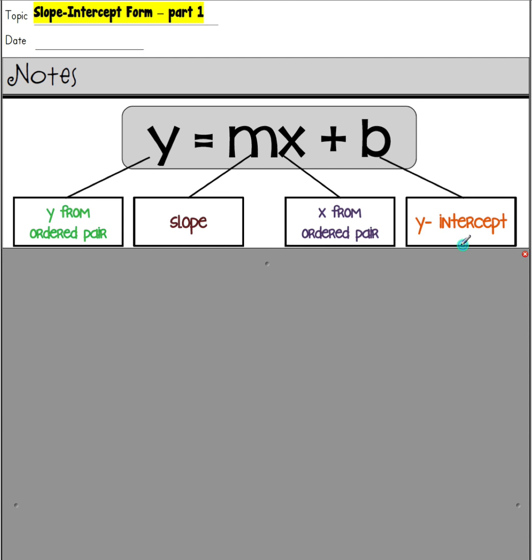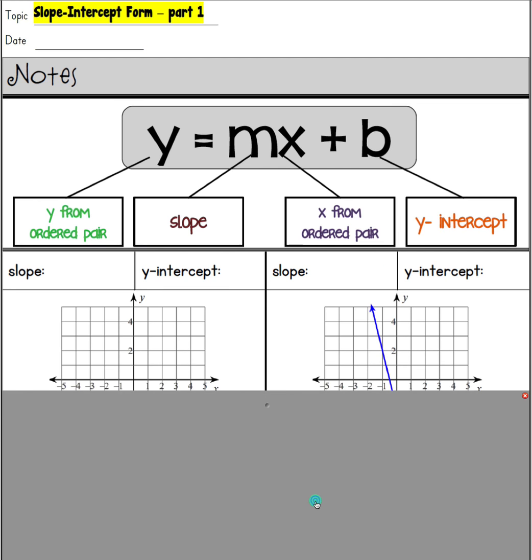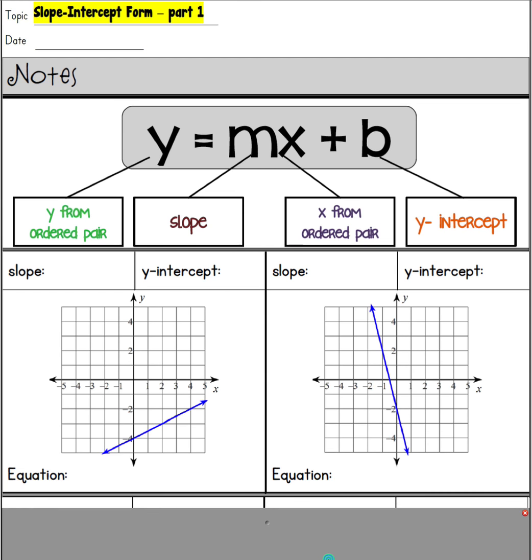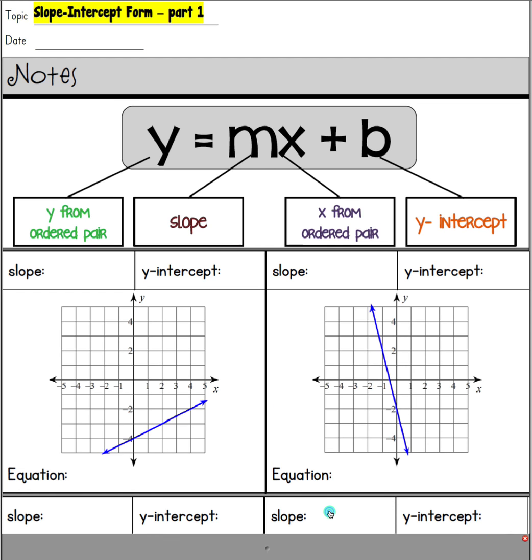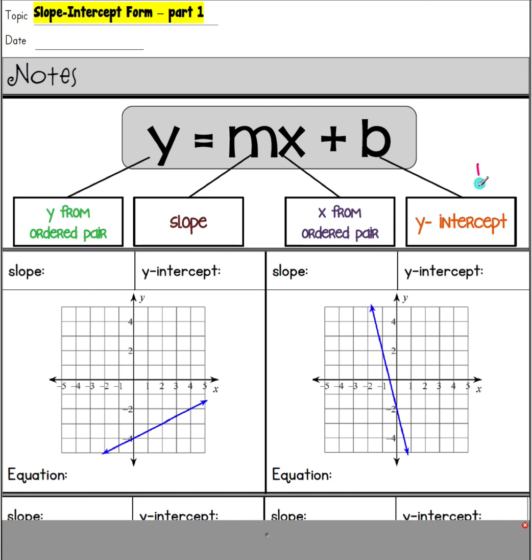So we're looking to find certain pieces given a graph, and then we are able to write the equation. With this graph here, we are looking for the slope and the y-intercept. When we are looking for the y-intercept, we are looking for the point where the line crosses the y-axis.